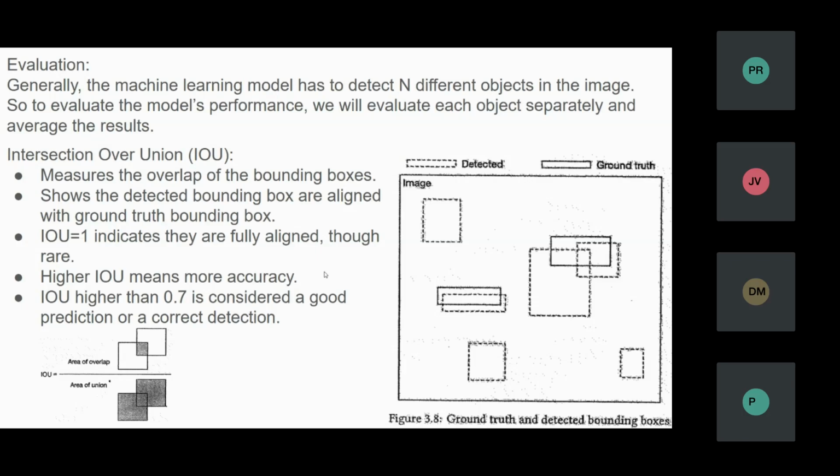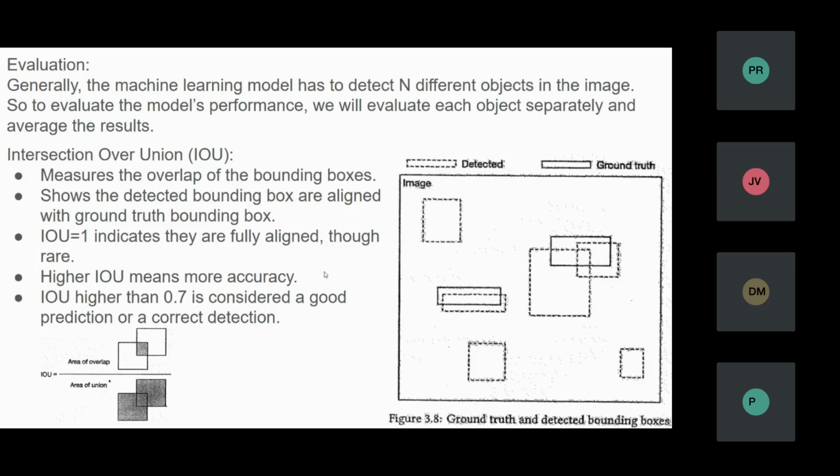That is what we can see on the right: intersection over union, or IOU, which measures the overlap of bounding boxes and shows whether the detected bounding boxes are aligned with ground truth bounding boxes.